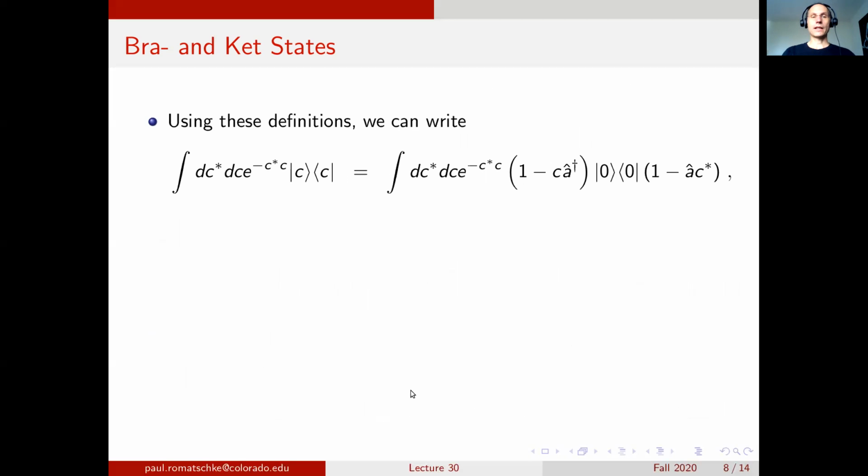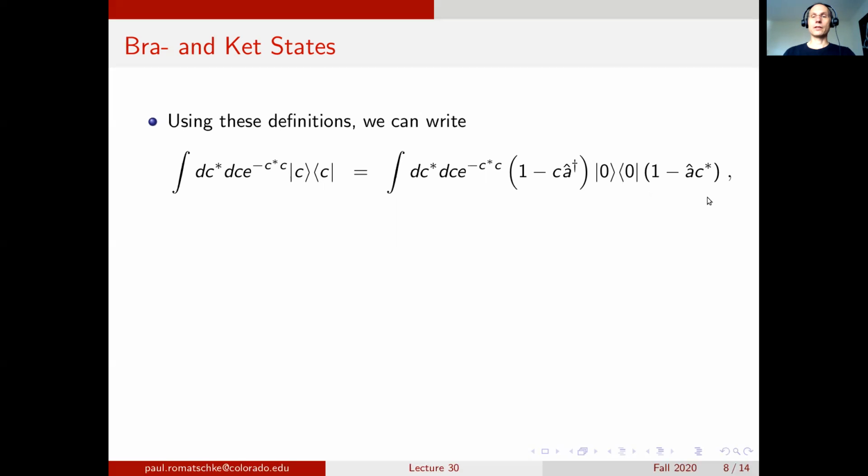Using these definitions, we can then look at the following object here, which is an integral over C star, an integral over C, weighted with the exponential of minus C star C, of the outer product of these bra and ket states C. If we again plug in the definition of these bras and kets in terms of just these expanded exponentials, we find that this is equal to the right-hand side here.